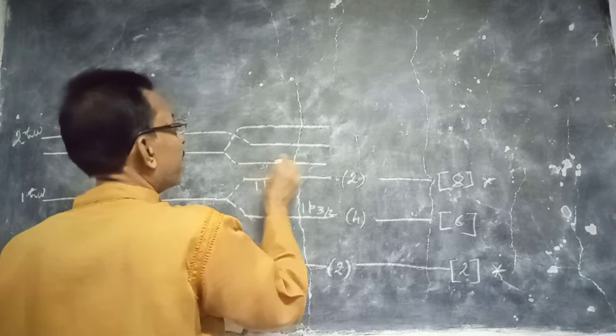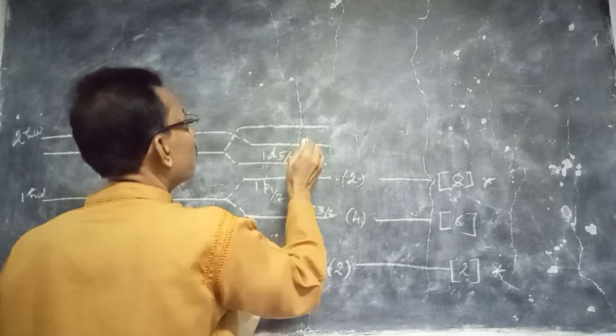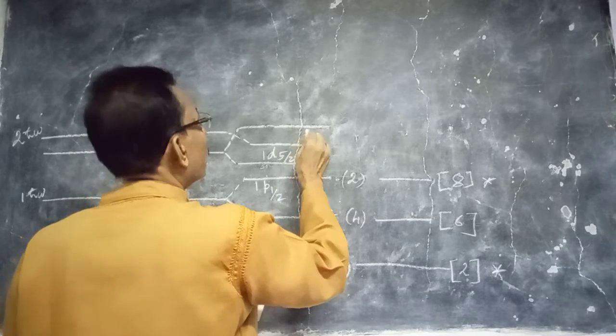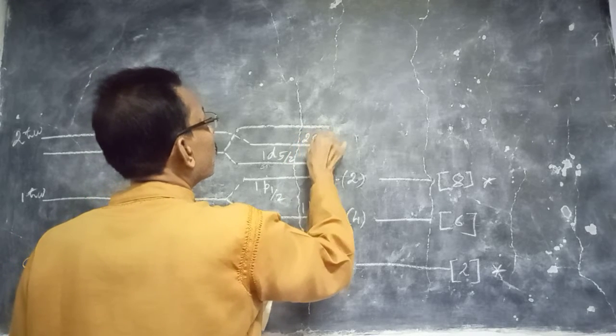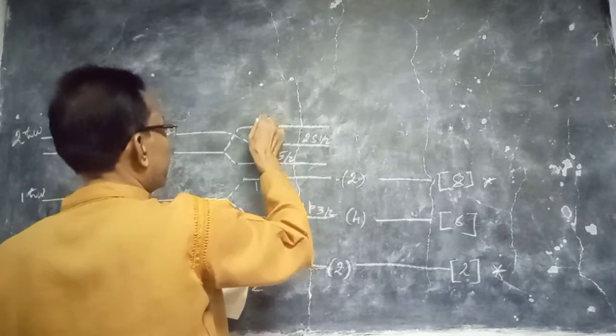This is 1d5/2. This is the s state, 2s1/2. And this is 1d3/2.